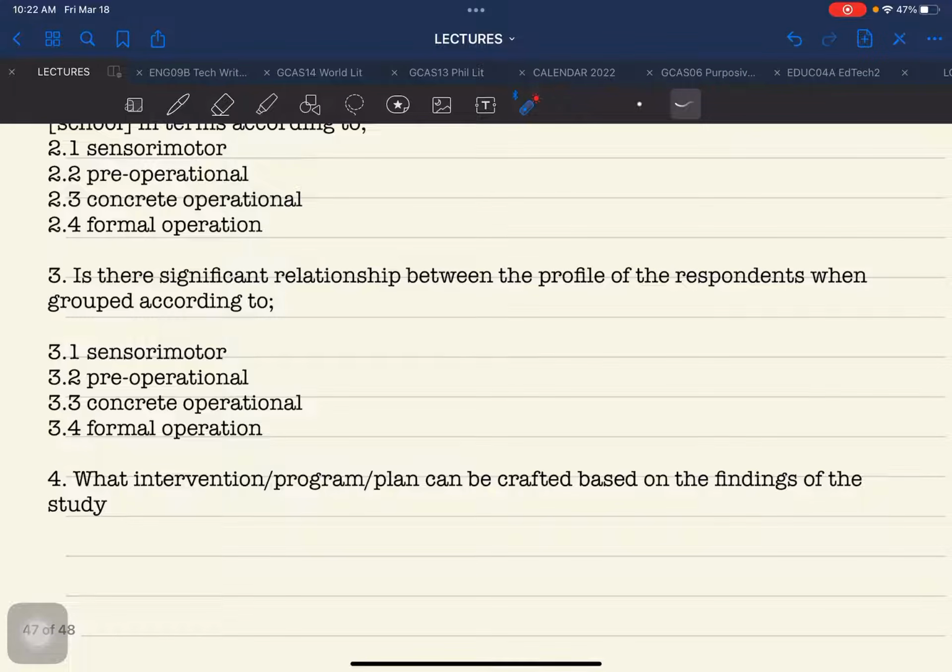Okay, number 4, since we mentioned earlier that this will be a basis of enhancing or producing interventions, program, or plan, it is reflected in statement number 4, which is what intervention, program, or plan, you can choose from the three, can be crafted based on the findings of the study.